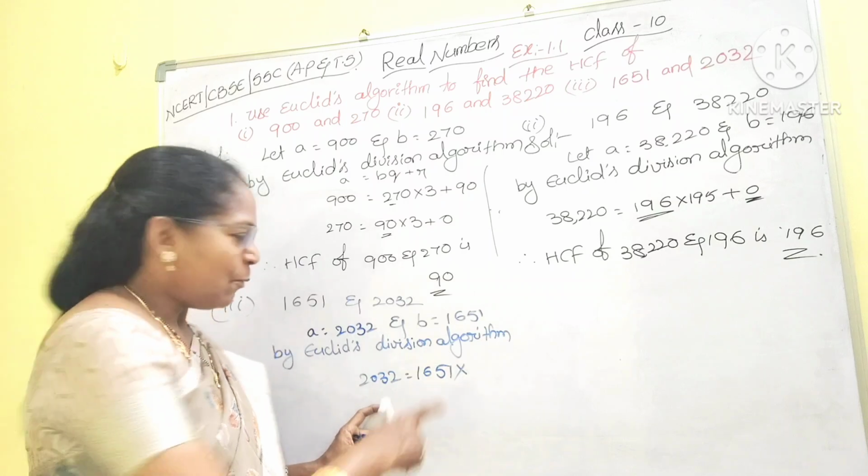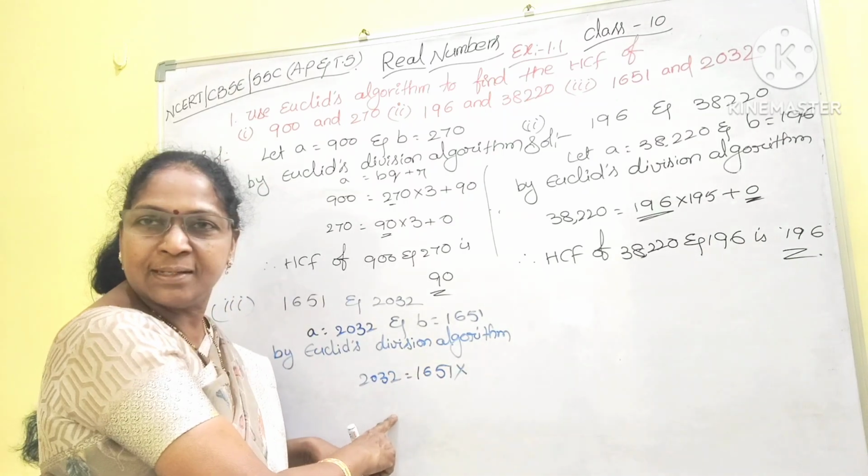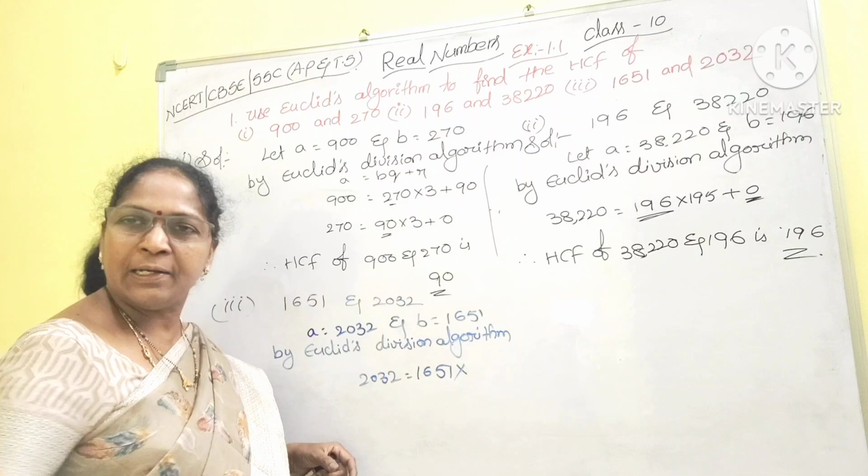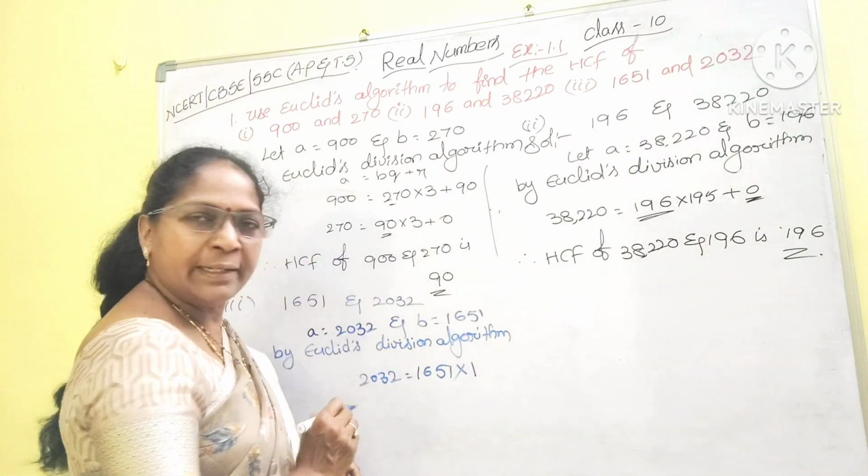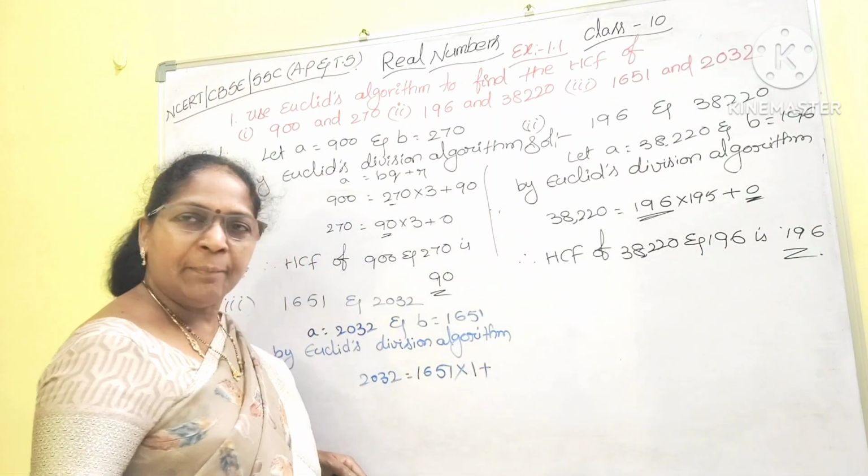One time only. Why? Because this is a 4-digit number, this is also a 4-digit number. Nearest value only, so one time only it divides. Plus remainder equal how much?